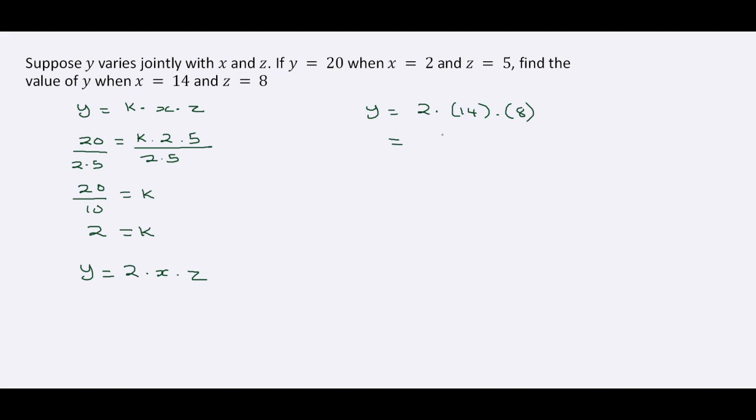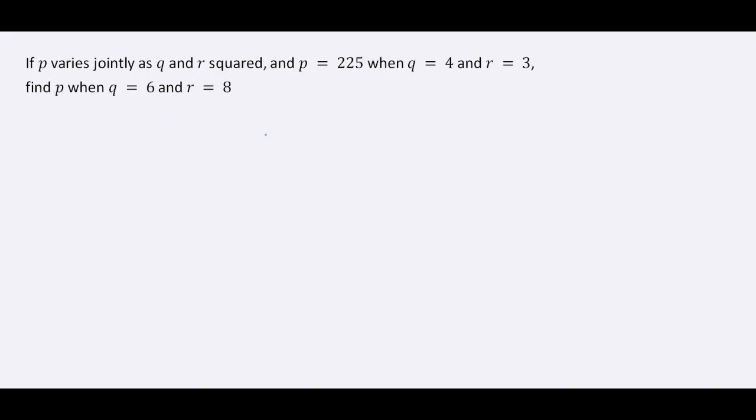So this is going to be 2 times 14, we have 28 multiplied by 8. 8 times 8, we have 64. We put a 4 down and carry a 6. 2 times 8 is 16 plus 6. We have 22. So this is 224. So y is equal to 224.